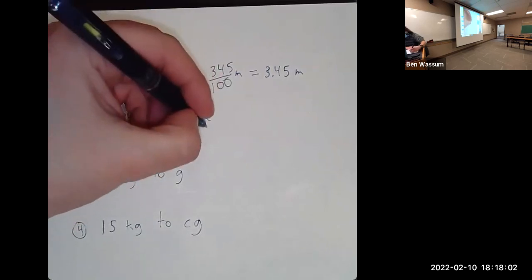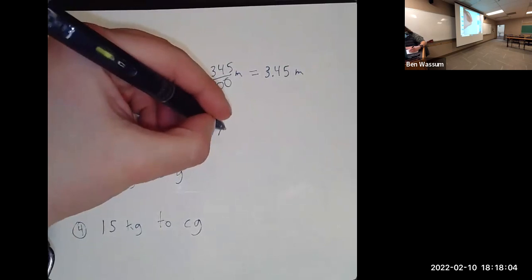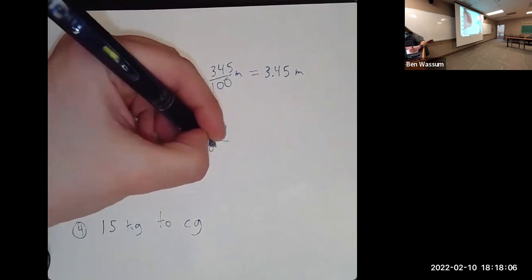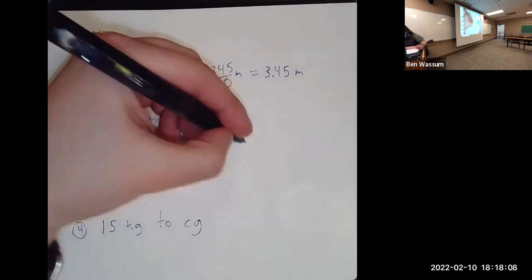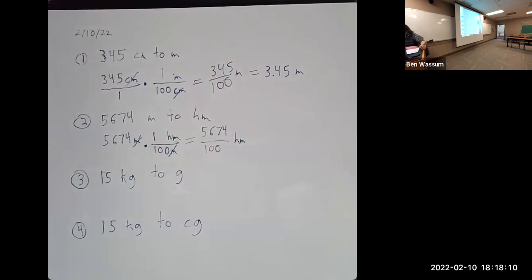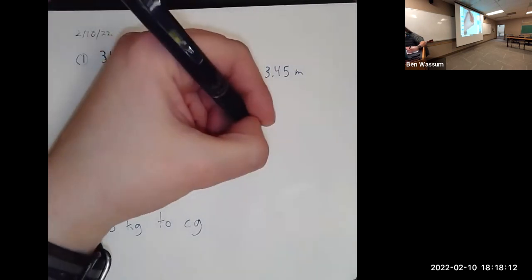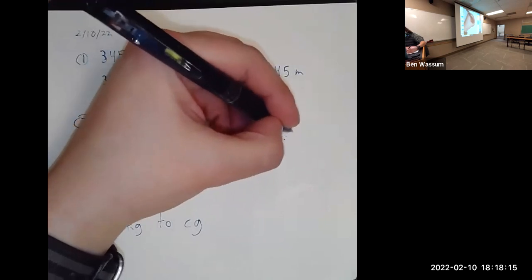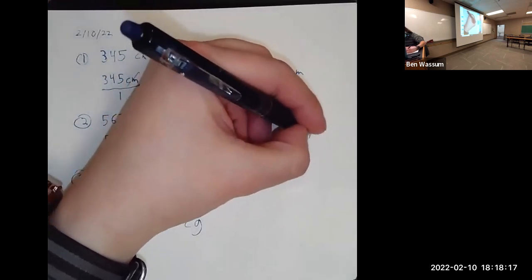We end up making this number a little bit smaller by dividing it by 100. So we end up with 56.74 hectometers.